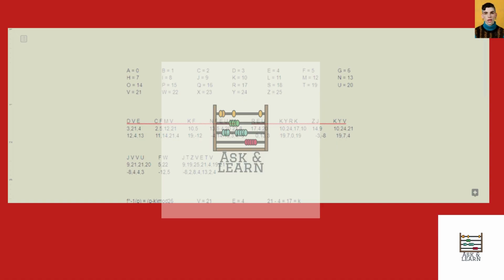And then negative 12 becomes 14. 4 is going to become 22. And then negative 9.